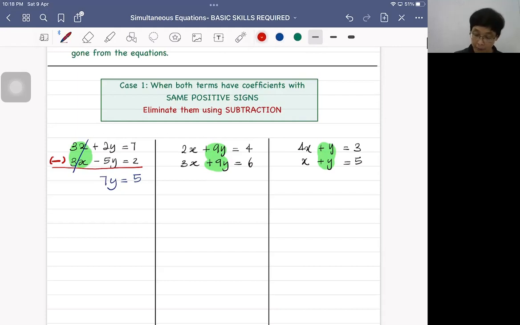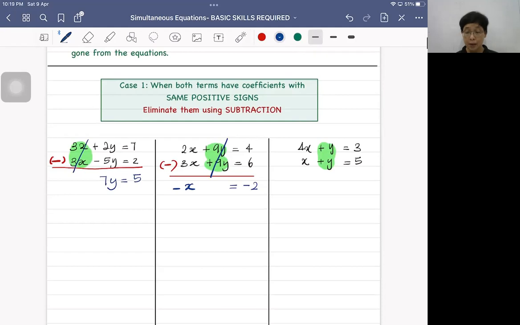So let's take a look at here. Let's illustrate more. Again, when they are the same, what you do is the subtraction. So 3x minus 2x minus 3x, you got a minus x. And then 9y minus 9y, there you go. The whole thing is gone. No more existence. And then 4 minus 6, now you got a simple minus 2, a simple equation. There you go.